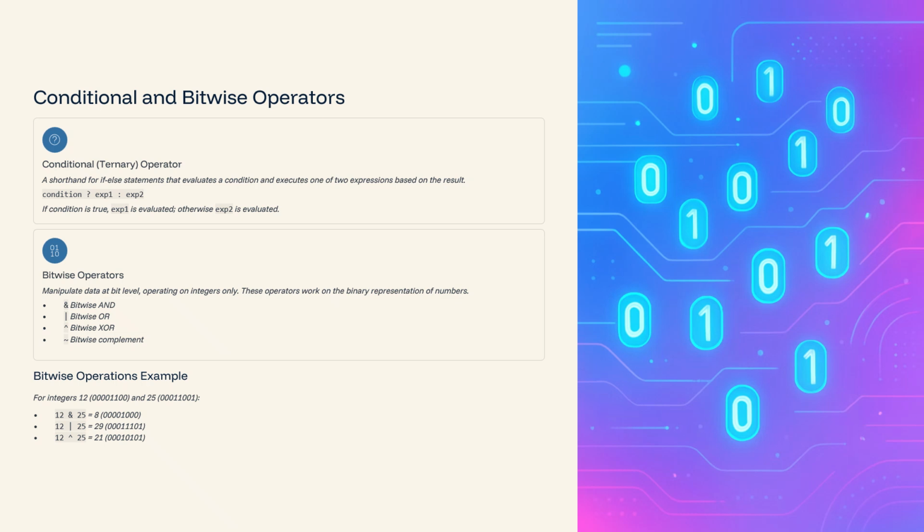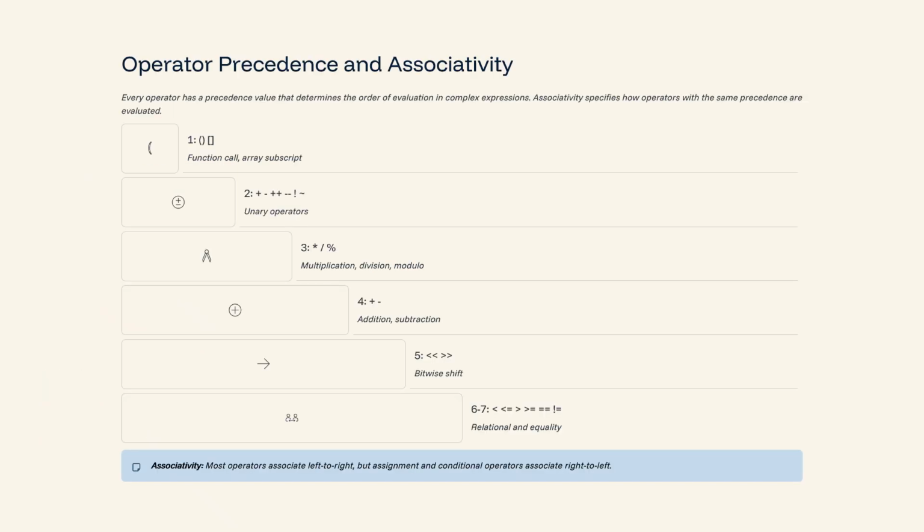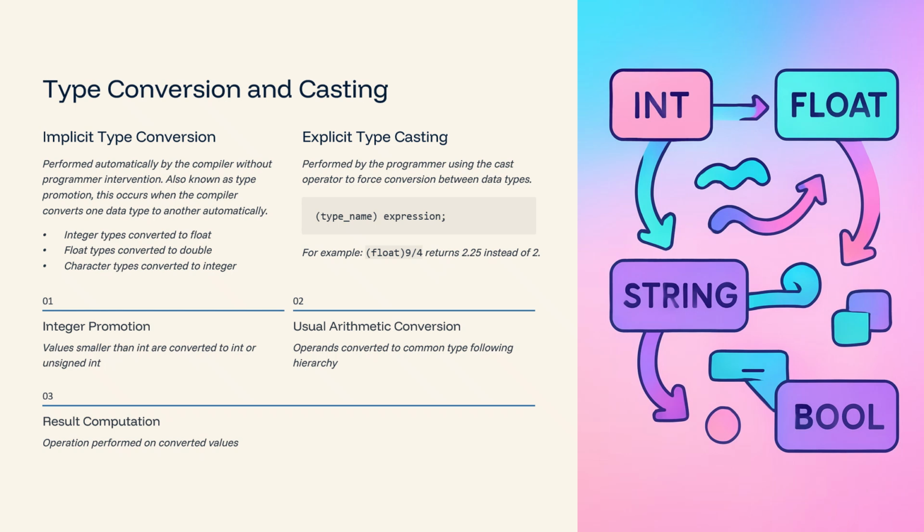Now we look into the special operators, where we will see what is meant by typecasting or type conversion. You can convert one data type to another data type. It is classified into two types, implicit type conversion and explicit type conversion.